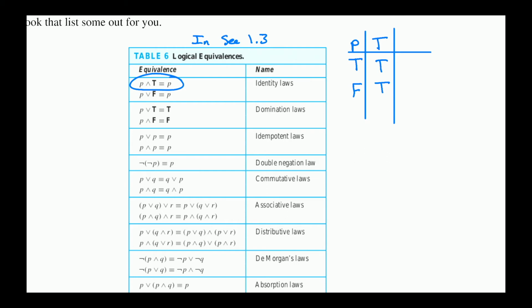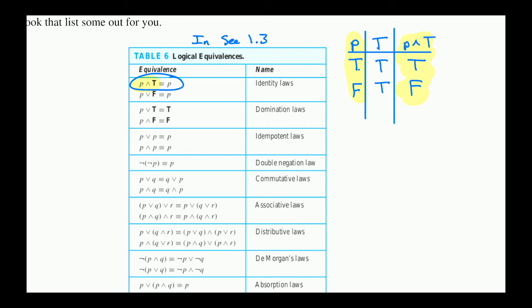And then you would check what P and true is. Remember how this works: true and true is true, false and true is false. And if you look at these two, and you look at these two, they're the same, right? So whenever you do an and with a true, it's like you didn't do anything. P and true is just P.